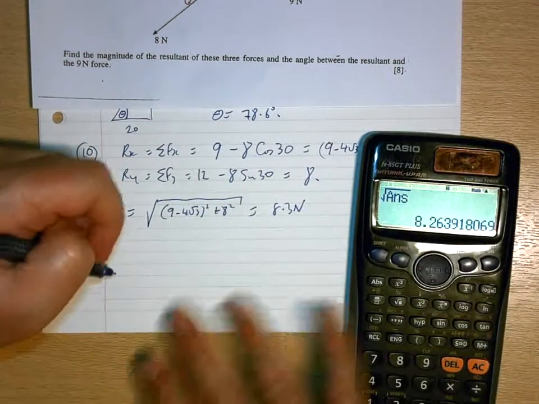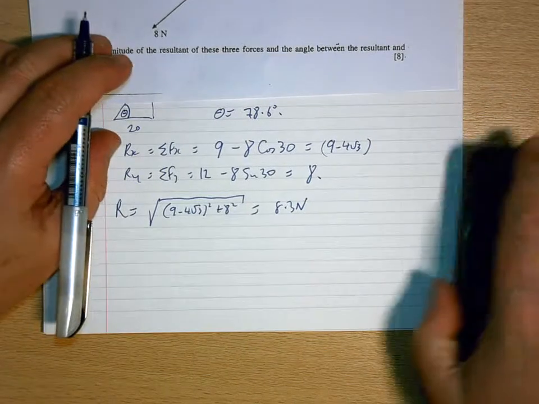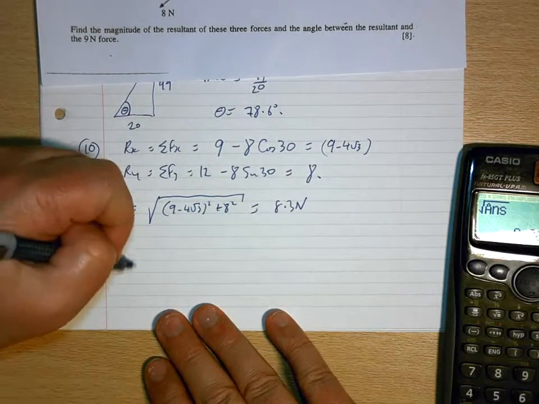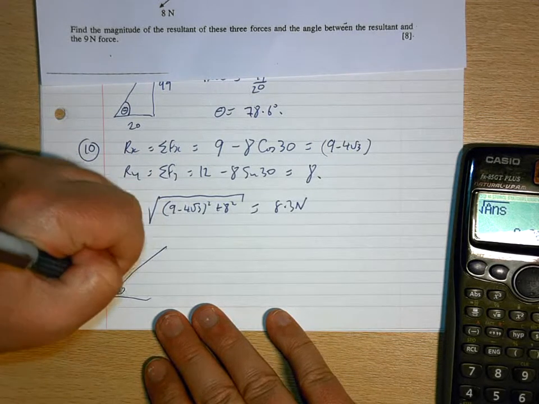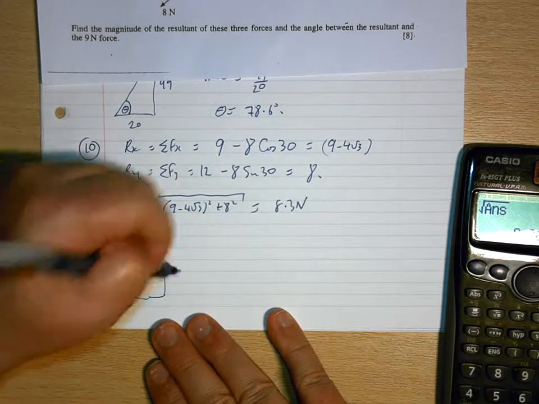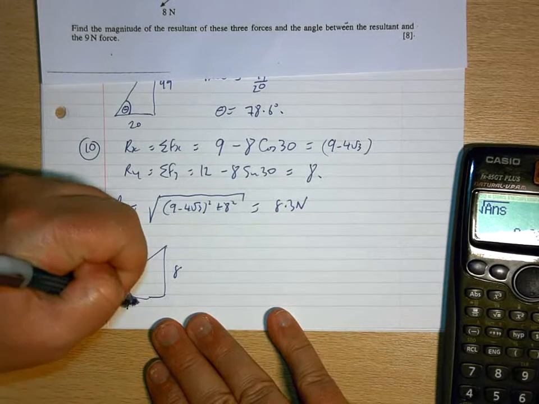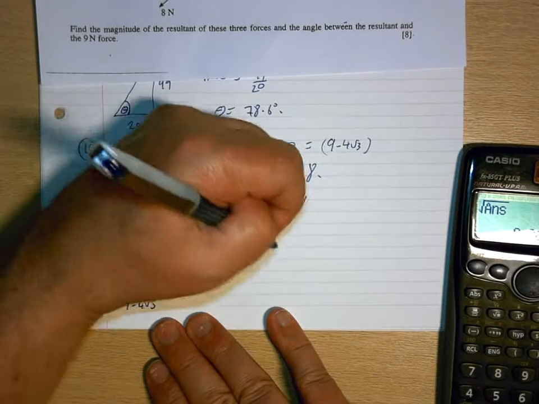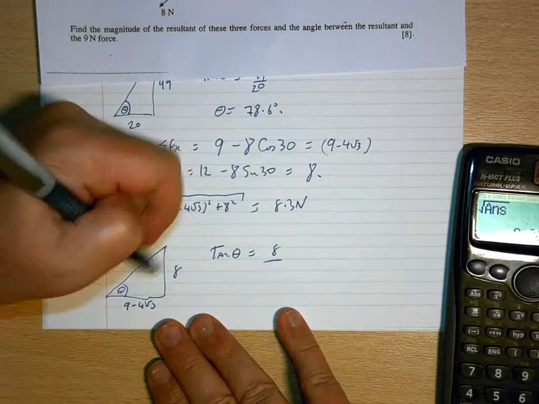And then the direction theta, that's 8, that's 9 minus 4 root 3. Tan theta will be opposite over 9 minus 4 root 3.